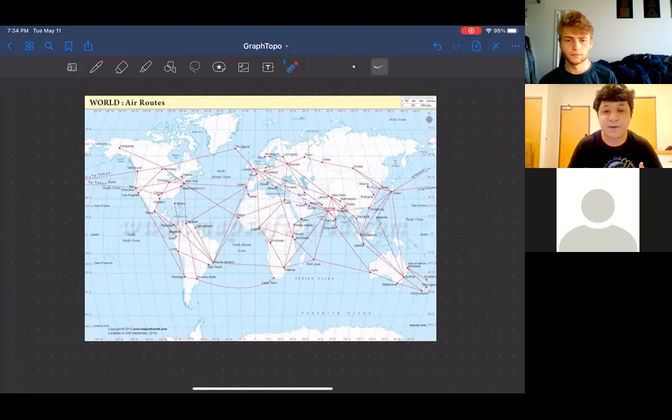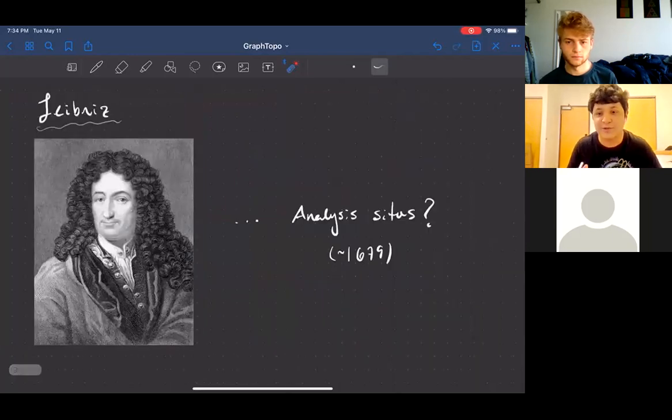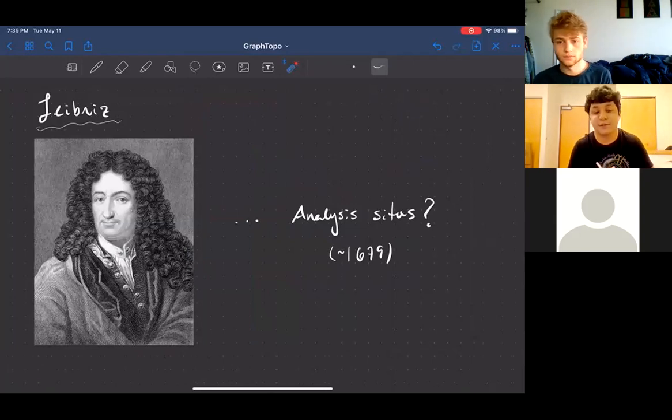But now I'll talk a bit about how these graphs came about. So, some historical context. It was around 1679 when Leibniz wrote a paper where he was sort of concerned because he said there was a mathematical area that had been completely unexplored.